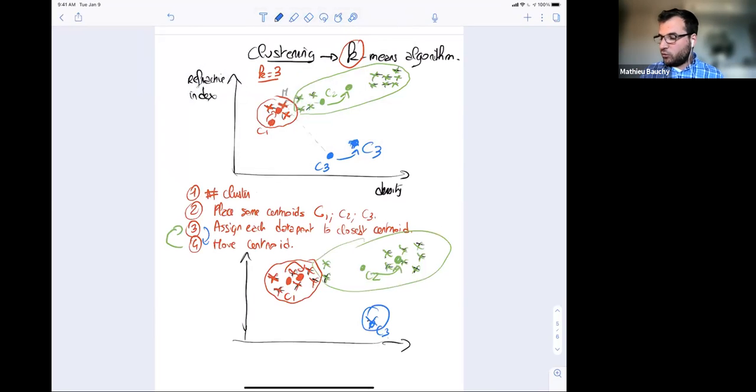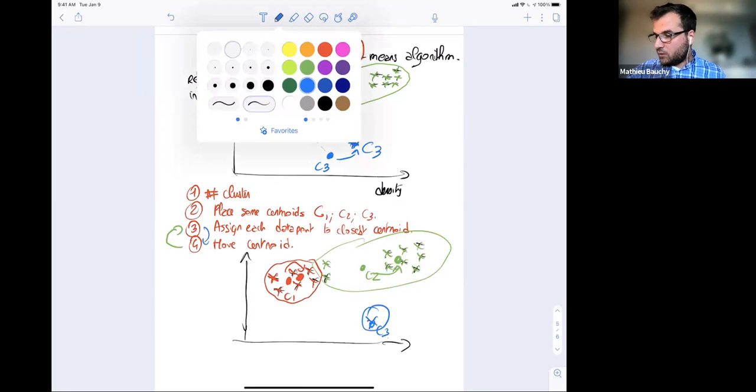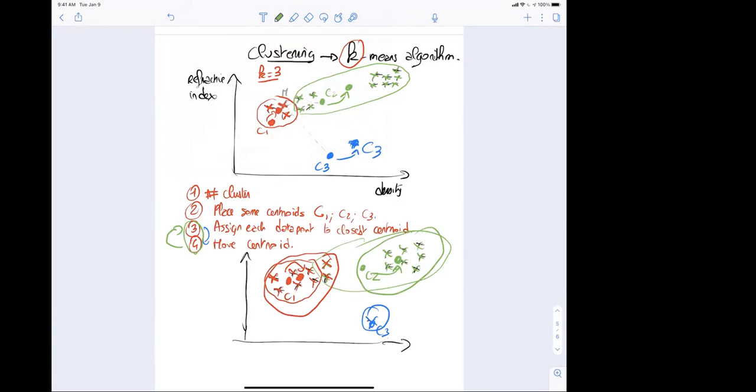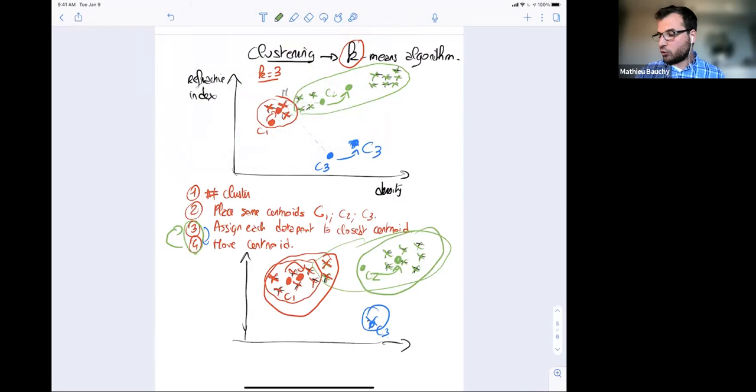And so as you do that, gradually you will find that those points will be assigned to C1 after you move them, and those points will be assigned to C2 after you have moved the centroid to the new position. And so you will repeat those steps 3 and 4. You will assign the data points to the closest centroid and then redetermine the centroid of the groups of data points.